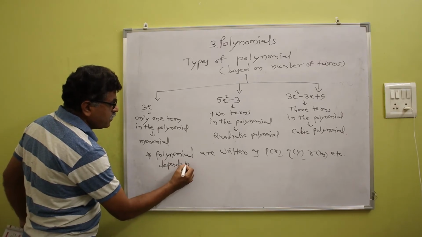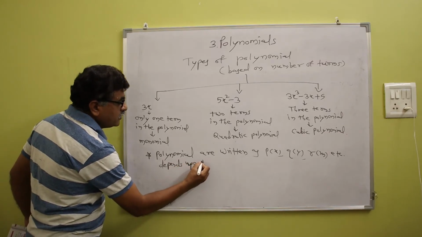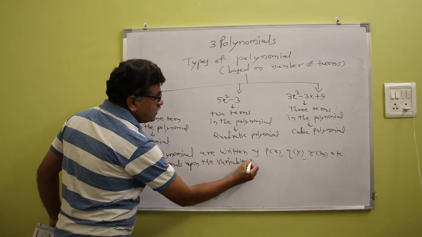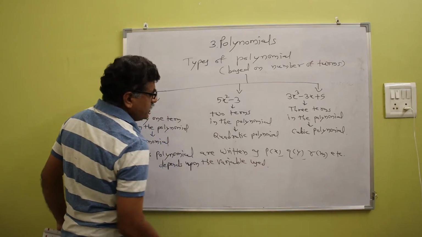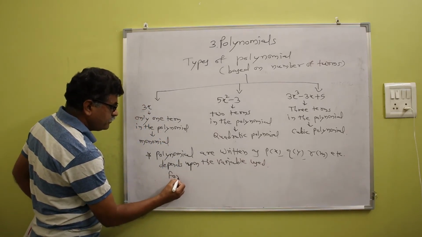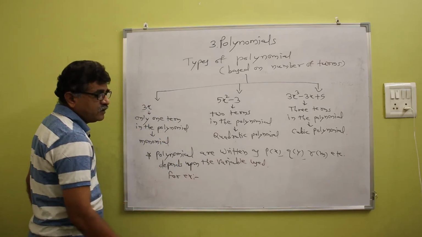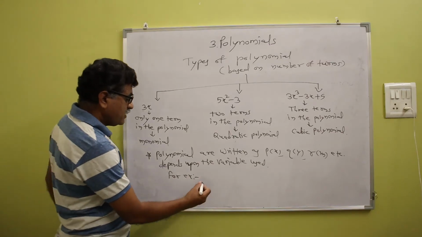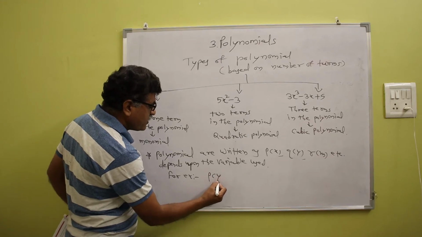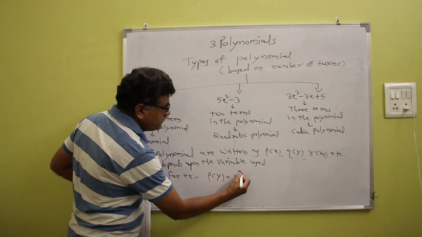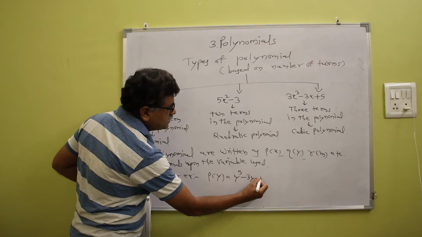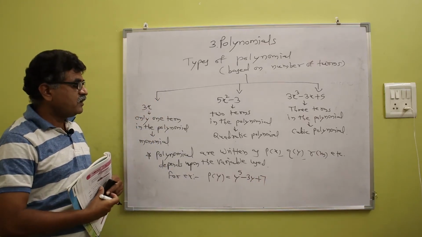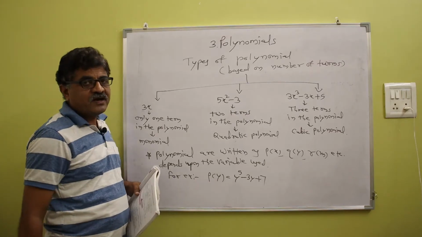For example, if a polynomial contains the variable y, then we can write this as p of y is equal to y to the power 5 minus 3y plus 7. This is a polynomial in the variable y, that is p of y.